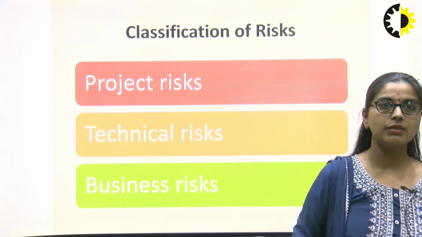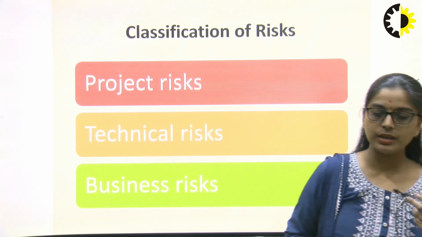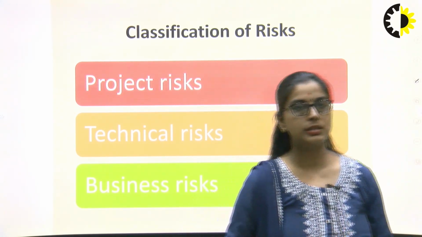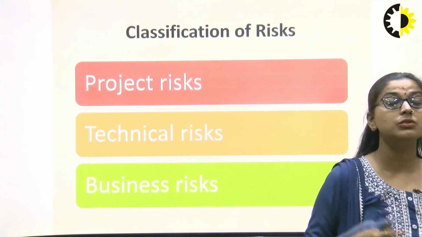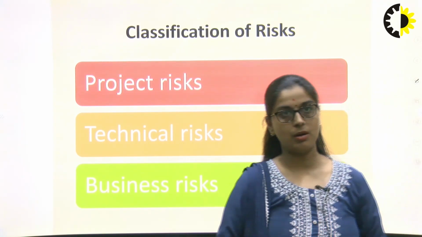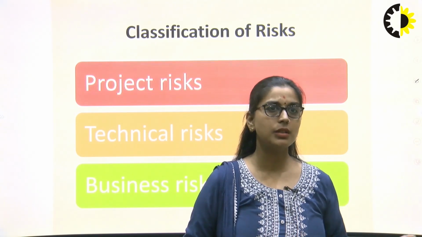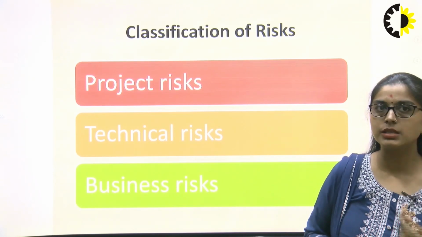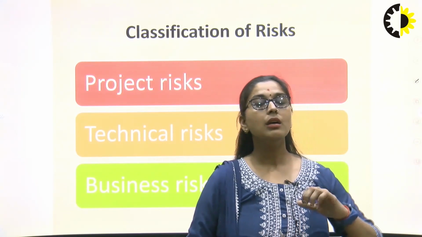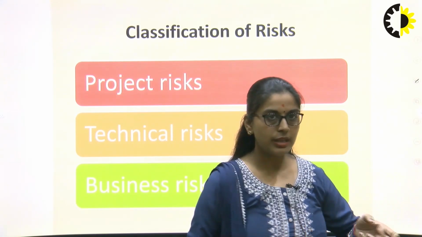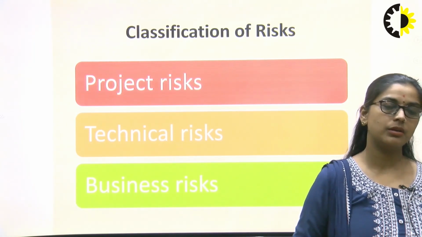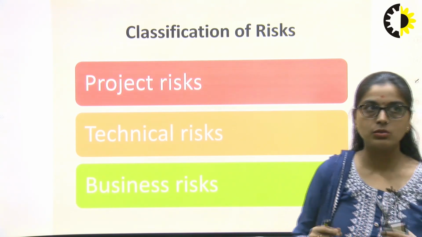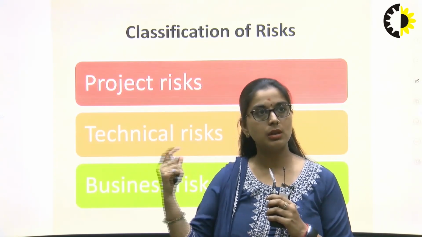Say we are making a fan, or an AC, and we deliver this AC to the customer, and the customer uses the product, and within 2 or 3 months we receive a complaint from the customer that the fan or AC is not working properly, or the expectation or requirement is not matching. So this is all concerned with project risk.